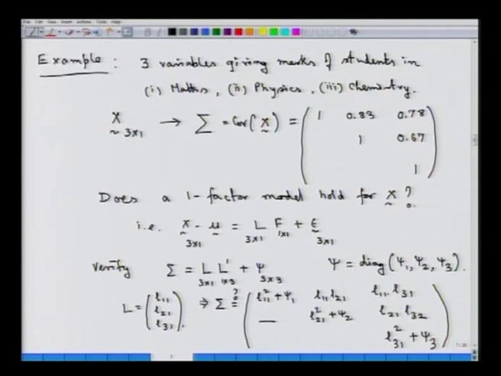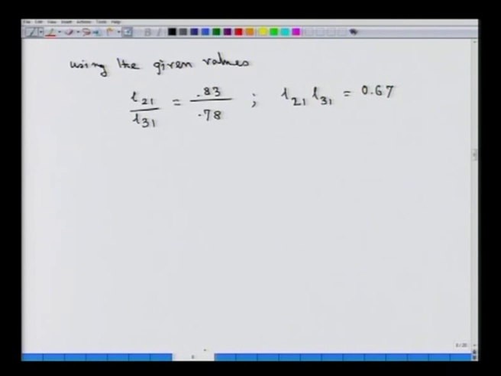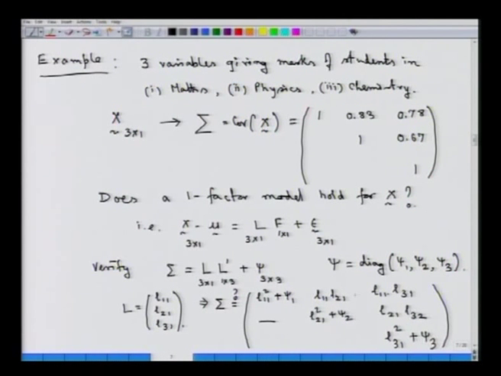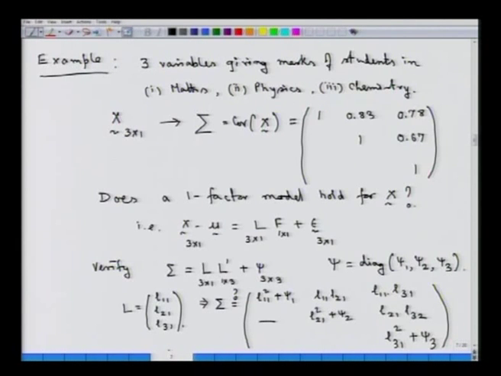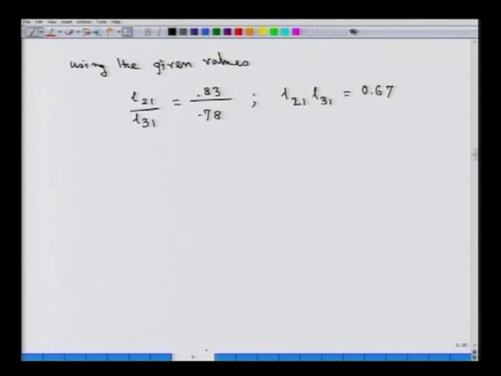Using these two values, we obtain this ratio, wherein the L11 term cancels out. And L21 times L31 is equal to 0.67.